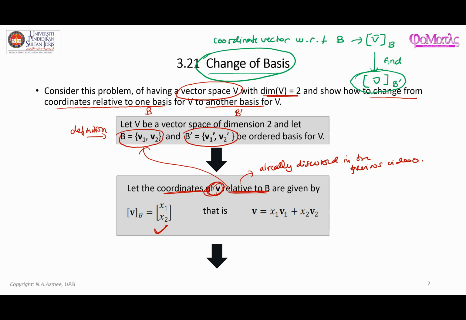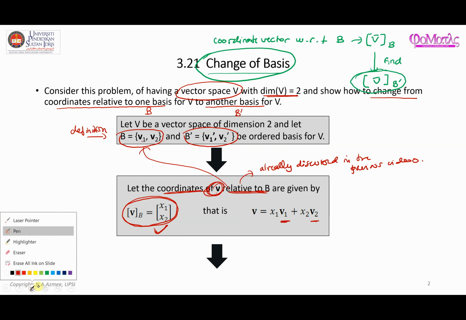This is the same thing as saying we have a combination of vector 1 and vector 2, which come from this basis.